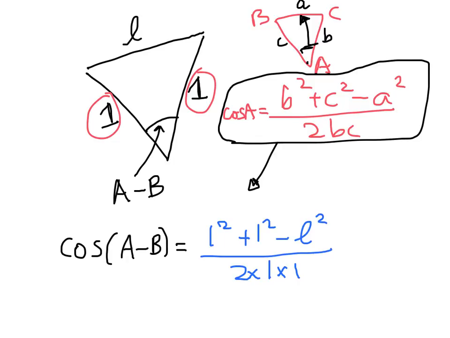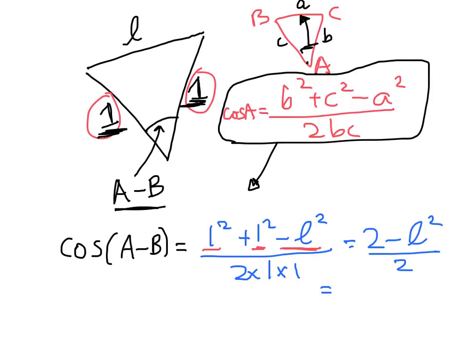Our angle here is A minus B. And we've got side lengths on the not opposite sides of 1 and 1, because we're on the unit circle. And the side that we don't know the length of is L. So the numerator is going to be 1 squared plus 1 squared minus L squared, divided by 2. Now we can simplify that and we get 2 minus L squared over 2, which is 1 minus a half L squared. Right, so that's using the cosine rule.